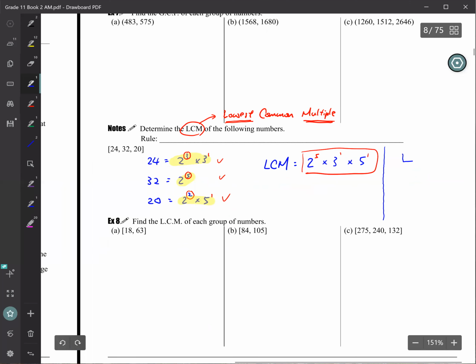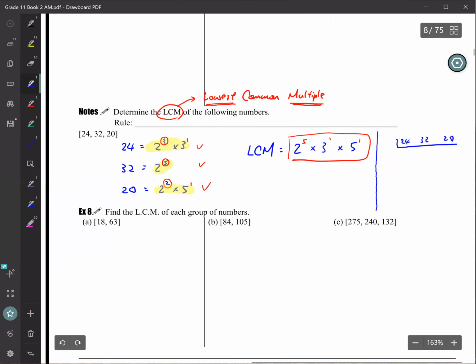Use the chart, and you can do all three together. So let's say 24, 32, 20. Suppose I don't want to find each factor separately, so I do the dividing. I start with 2, the prime. So 12, 16, and 10. I can do another prime again.